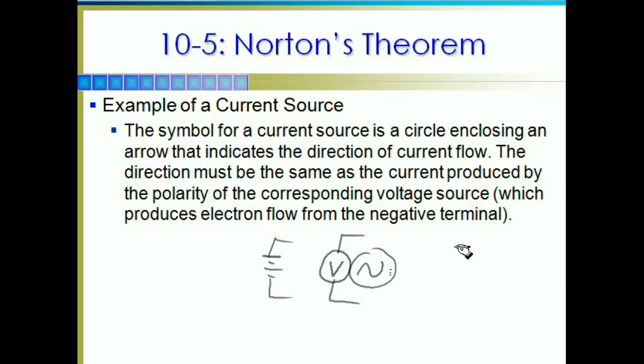A current source will be a circle with a line and an arrow for the direction of current. So we would know that that's the negative terminal because current's going to go that direction, and this would be the positive terminal because current's going to come back.